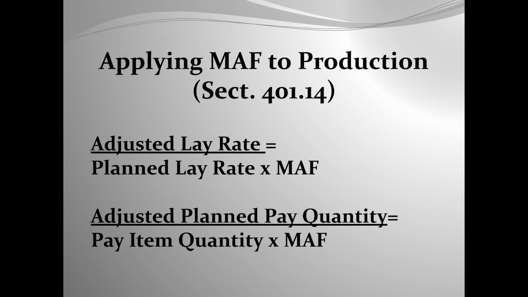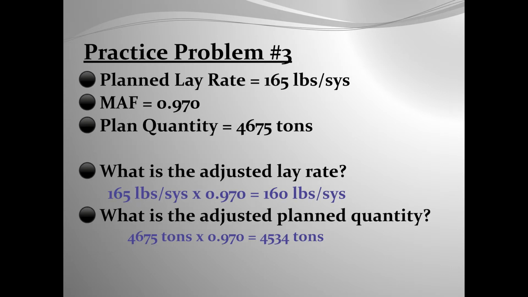These are the two formulas you're going to use for your adjusted lay rate as well as your planned pay quantity. Another quick practice problem here. If you are given that your lay rate's 165 pounds per square yard, you have an MAF factor of 0.970, and it gives you a planned quantity of 4675.